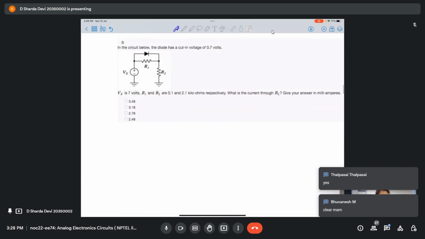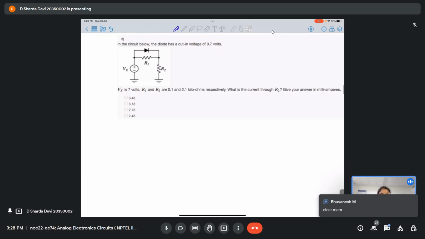So in this question, now see, in every question you have to clearly see what values are given. Here the cut-in voltage is 0.7, it's not 0.65. It will be mentioned almost in every question, or otherwise on the top of your question papers, sometimes there are notes regarding your exam.